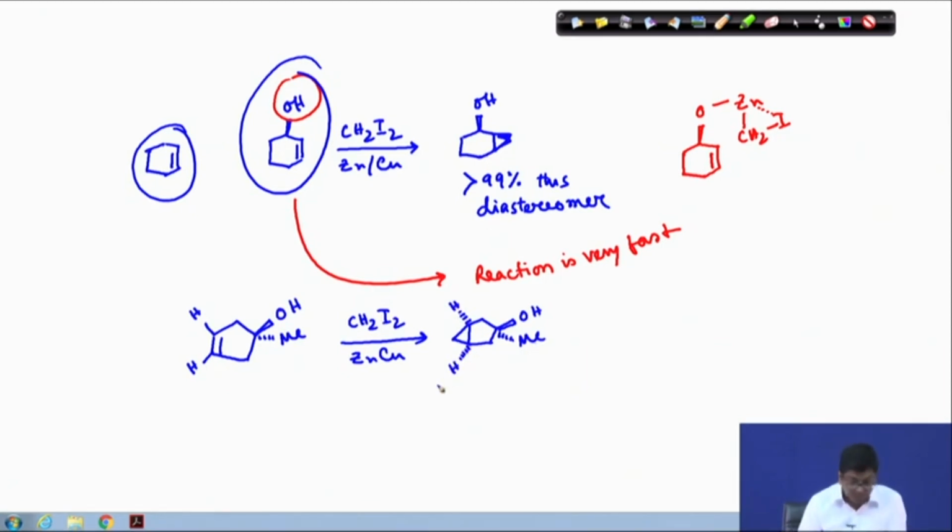Okay. So, this starting material, this olefin, in the presence of Simmons-Smith reagent will give this particular stereoisomer. Similarly, in another example, if we take this allylic alcohol again, okay.